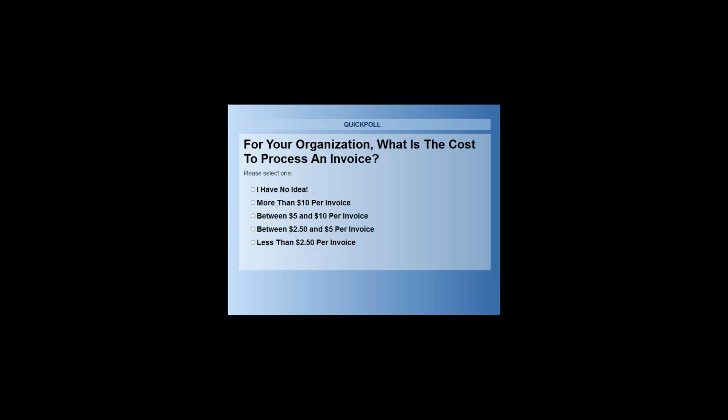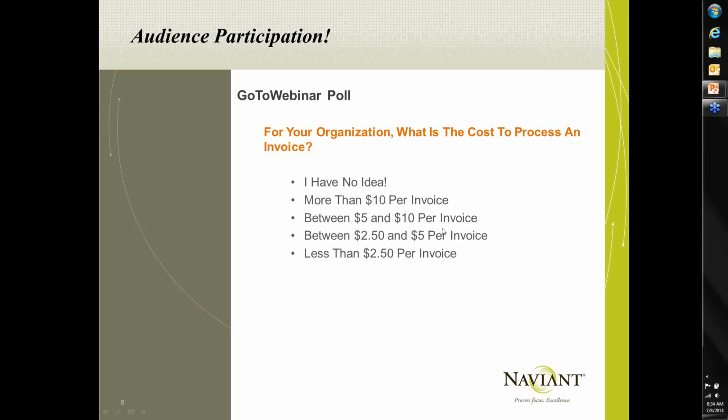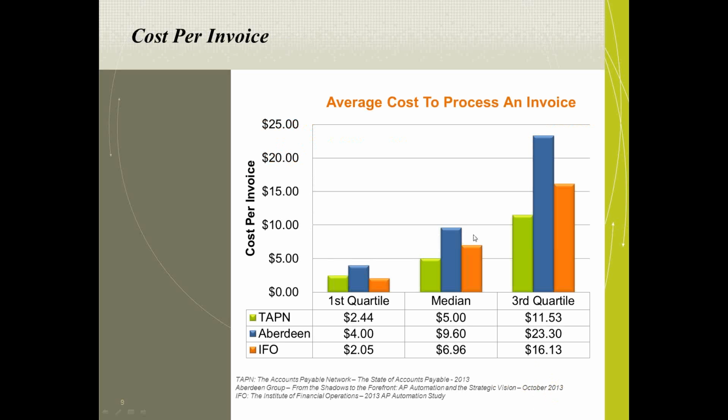There is a small percentage less than $2.50 per invoice, and a few other respondents saying between $2.50 and $5 per invoice. We'll stop it at that point in time. Those people that have an understanding of their cost per invoice, the majority of you are saying less than $5 per invoice. Thank you again for taking the time to answer those questions.